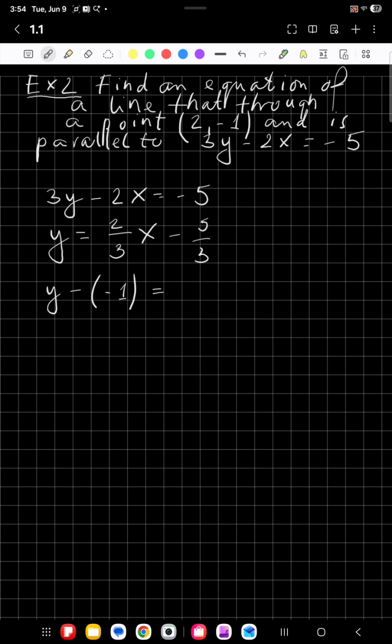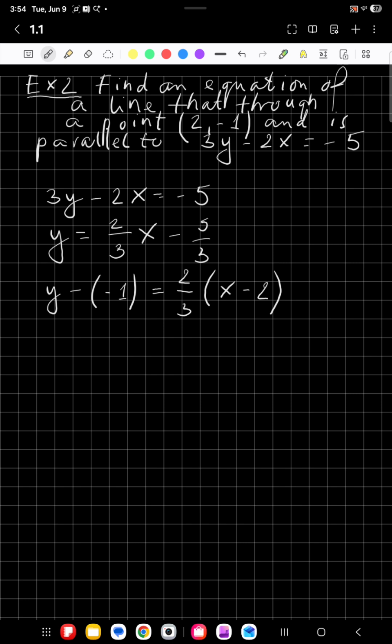And then we'll have the slope, so 2 thirds. And then we have that parentheses, x minus x1, so x minus, in our case, it's 2.